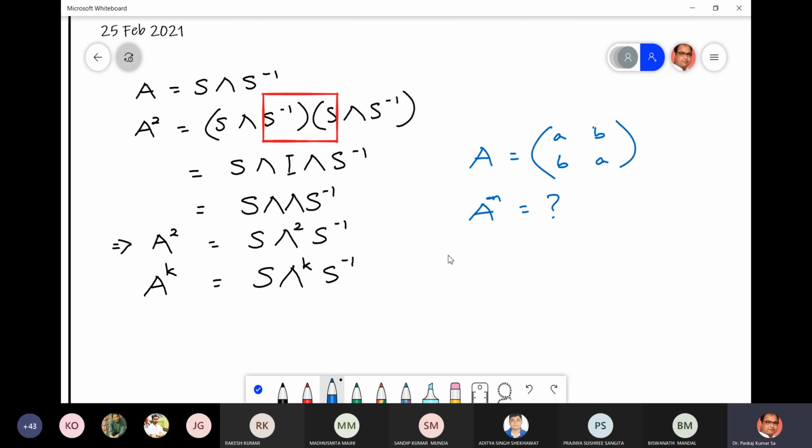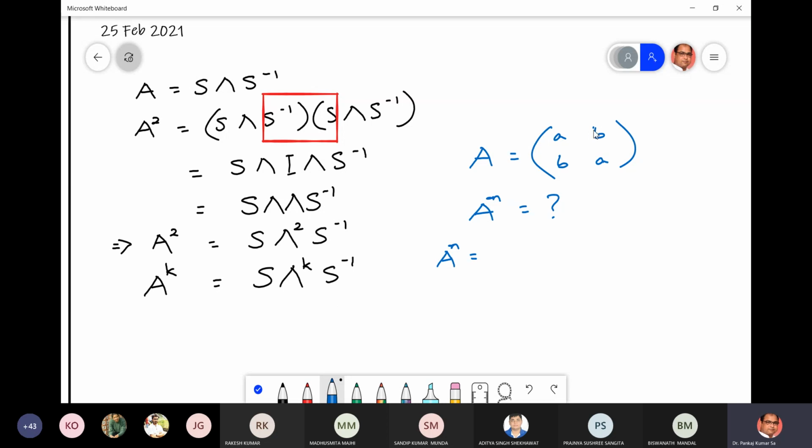So that can be written as A to the power n is equal to, here you have eigenvector matrix, eigenvalue matrix, and inverse of eigenvector matrix.